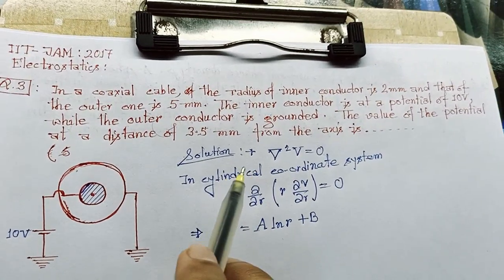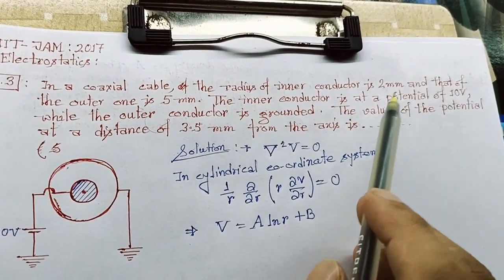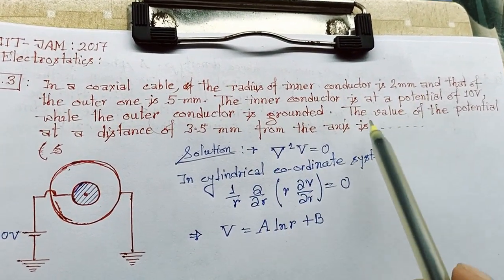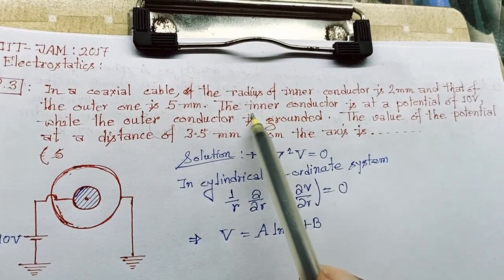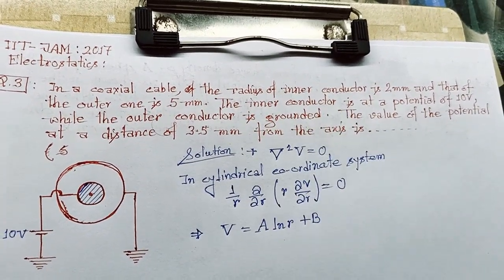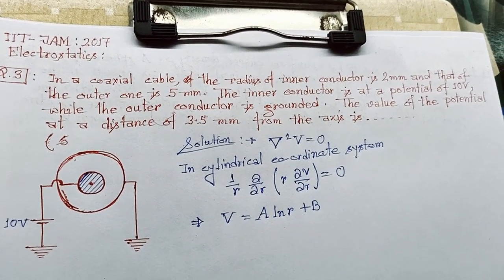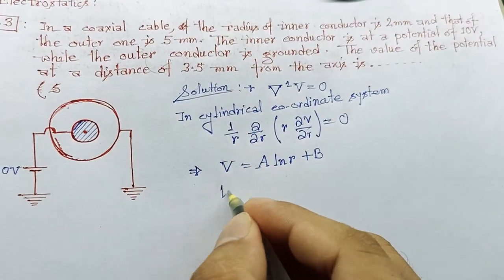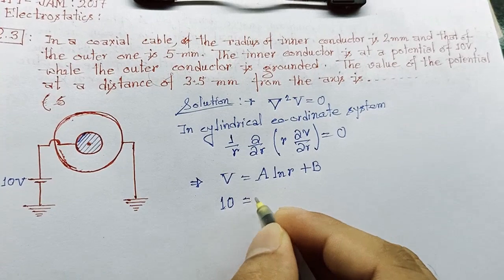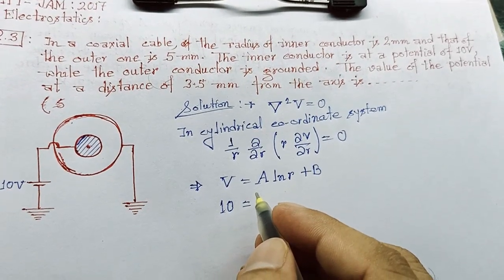Now in the question it is given that the inner conductor is at a potential of 10 volt. So when potential V is equal to 10 volt, then the value of R is equal to the inner radius.